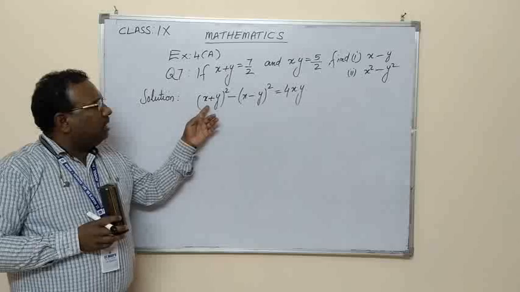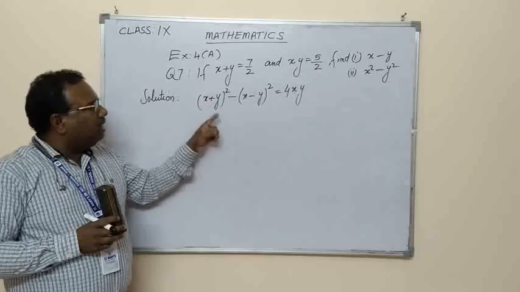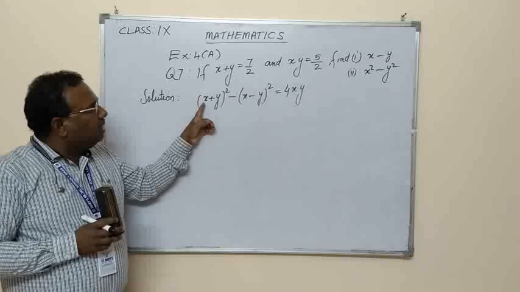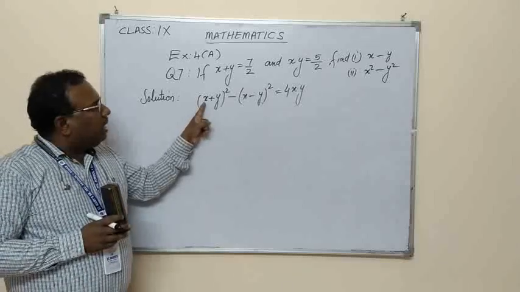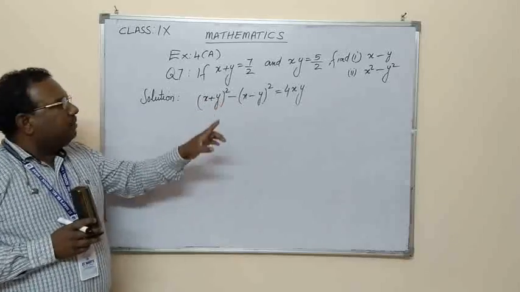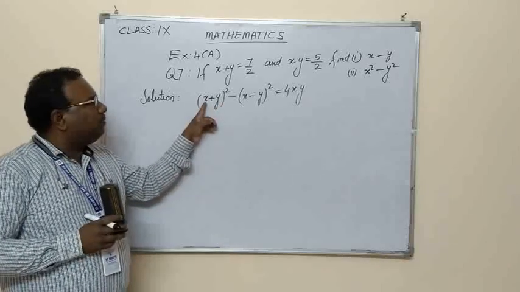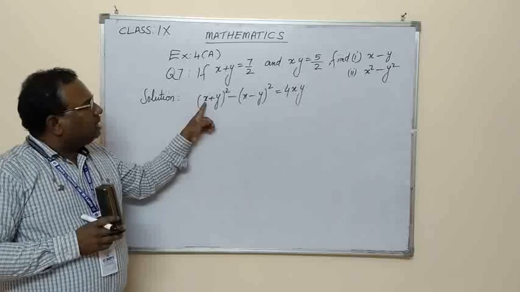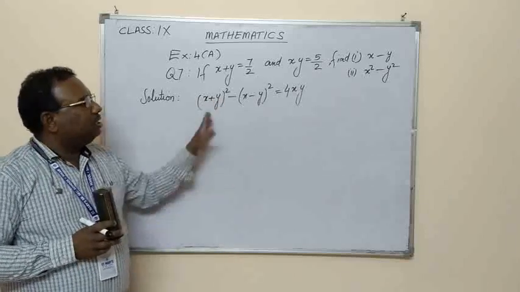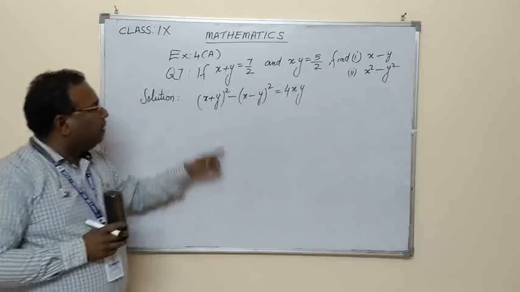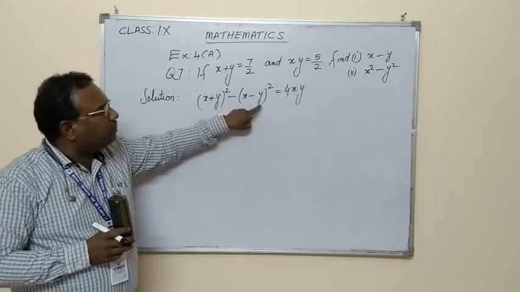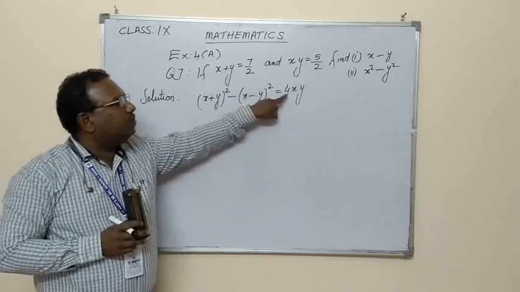You have already learned the identities, but in those identities you used A and B. In the place of x, you used A, and in the place of y, you used B. That is the only difference here. X in place of A, and y in place of B. (x plus y) whole square minus (x minus y) whole square is equal to 4xy.